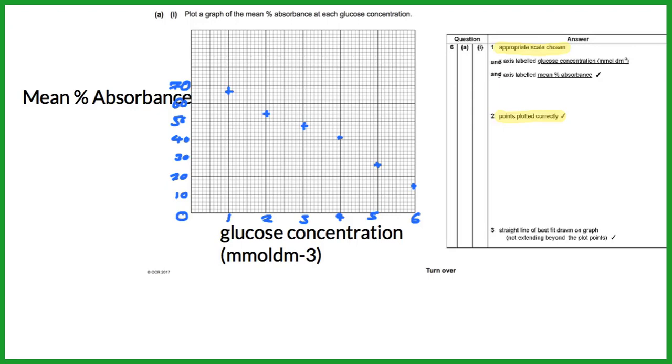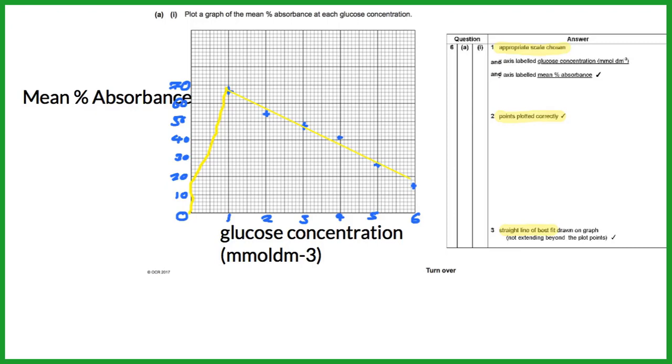And then you should draw a straight line of best fit. Now I'm not quite sure what they mean by that, but hopefully what they mean is something that looks like this. But most crucially, it needs to not extend beyond where you have points. So for some students, the temptation is to do this.